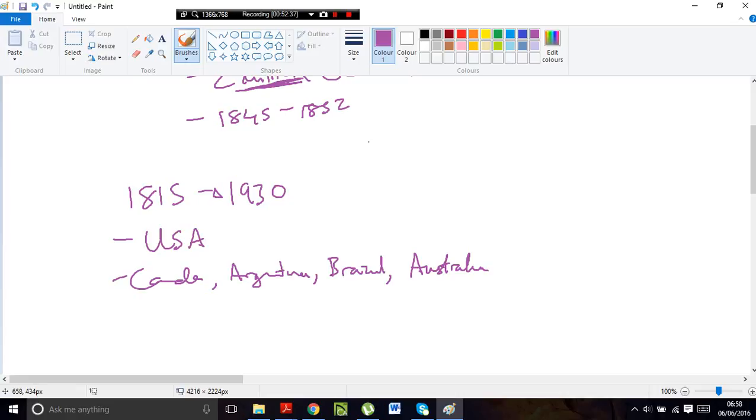In comparison to the free European migrants, those from Africa, Asia, and Oceania tended to move as indentured labourers. The majority came from India, but there were also numbers from China and Japan.